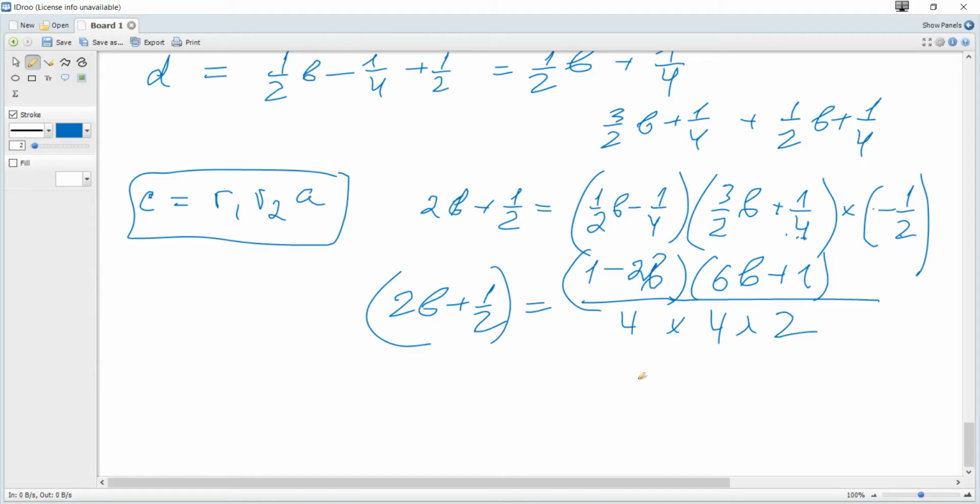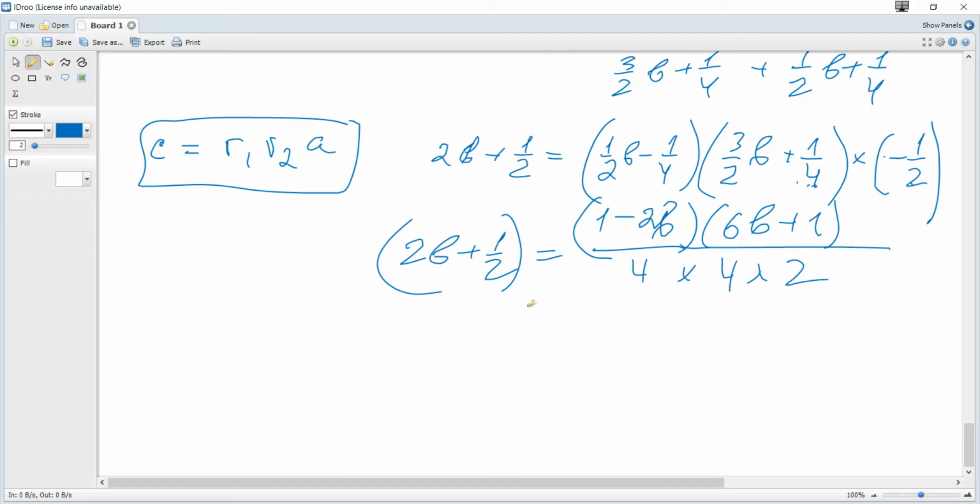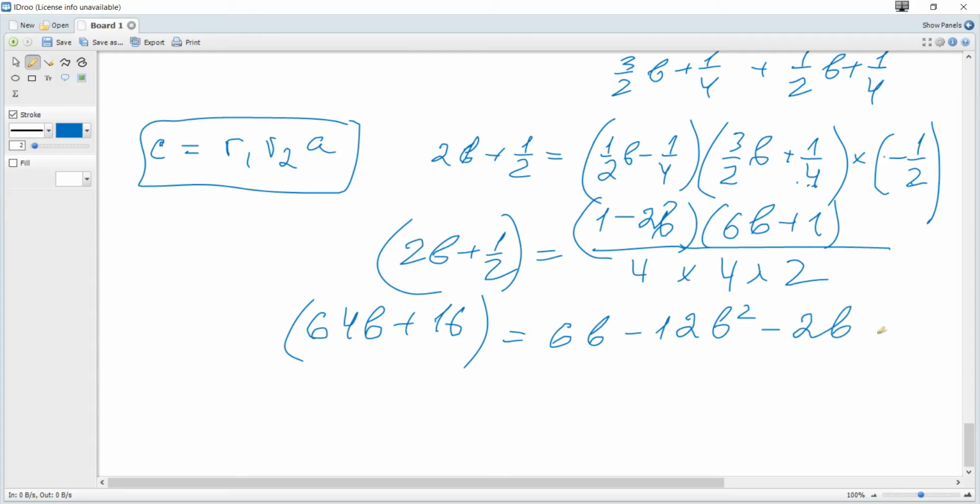Let's multiply both sides by 32, so it becomes 64 plus 16 is, and expand, so it's 6b minus 12b squared minus 2b or 6b and plus 1.